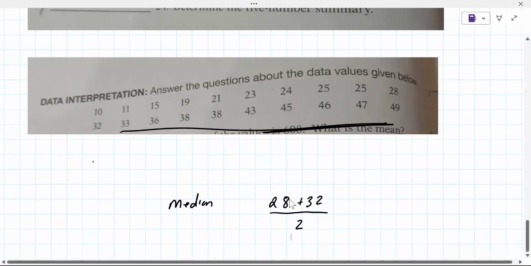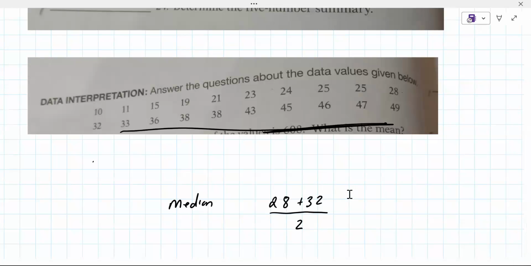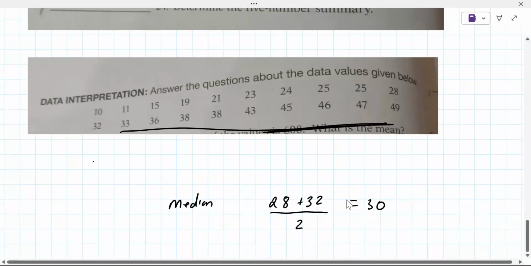You add up the numbers and divide by 2. Okay, the average of two numbers is adding them up and dividing by 2. Remember, I never ask you something that you don't already know or isn't already on the screen. That wouldn't be very fair. It's 30. So the median is 30.